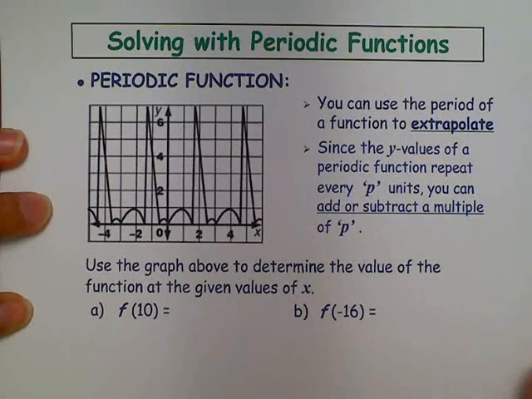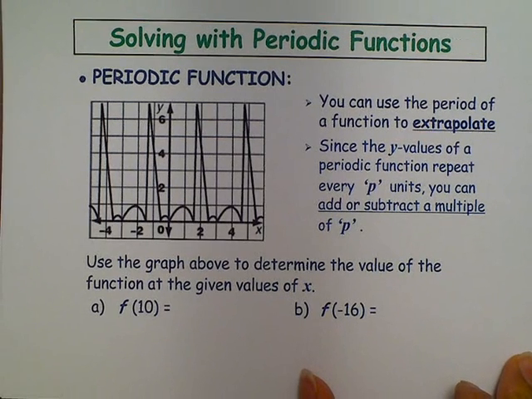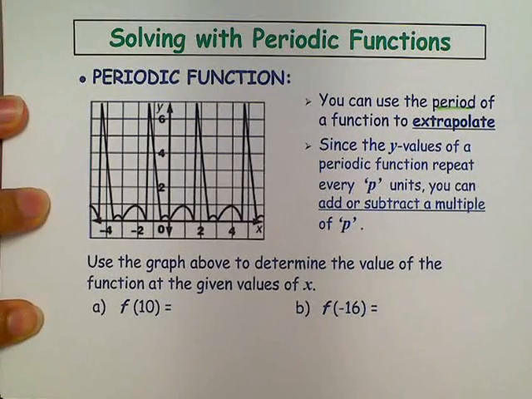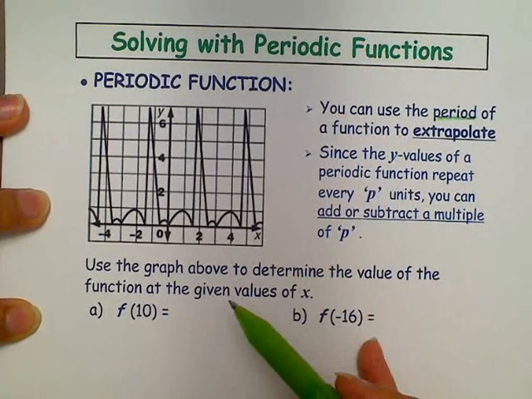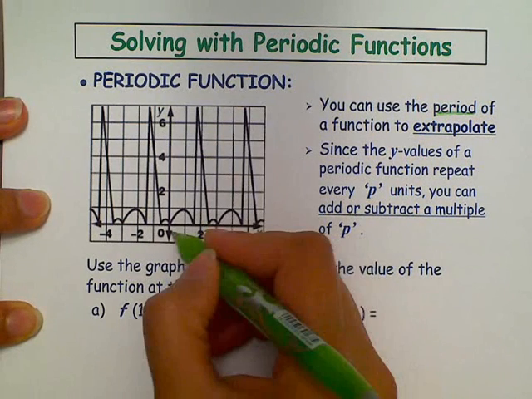Okay, solving with periodic functions. Sometimes you may be asked to solve for the value of the function at a particular value of x, and you can actually use the period of the function to extrapolate. For example, if x is equal to 1, what's the value of the function?